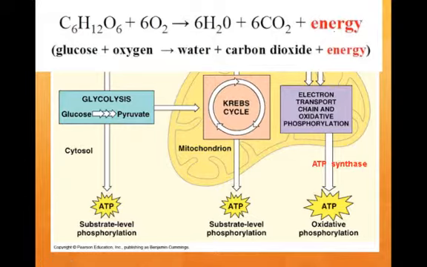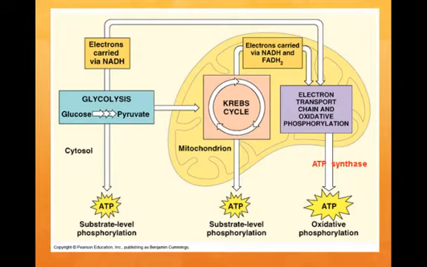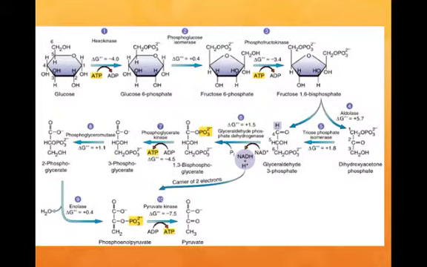There are three really important molecules that will help you understand the process. Glucose is one of them. Let's move forward here. This molecule, glucose, is where it all starts.